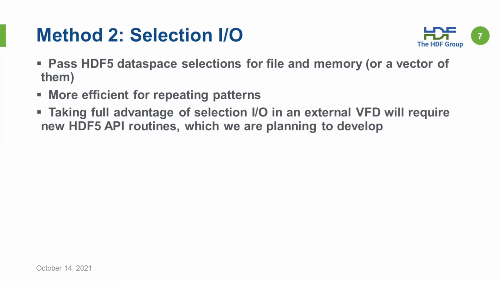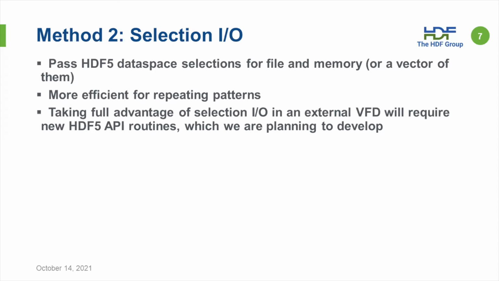And so that is, as you can imagine, much more efficient for repeating patterns. But the thing is, it passes all that information very efficiently, but there isn't a very good public API for retrieving that pattern information. I mean, there are in some cases, because you can get the blocks, but it's not as general as we would like.